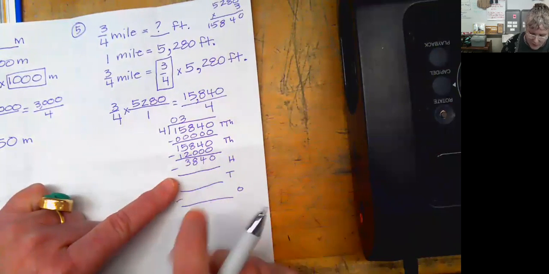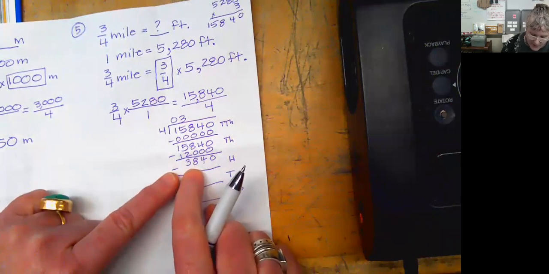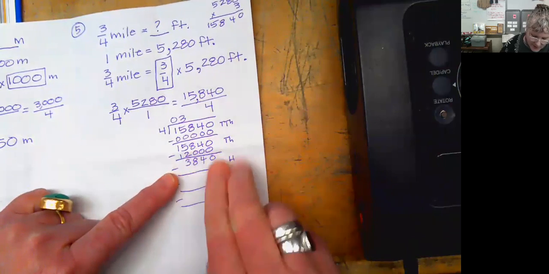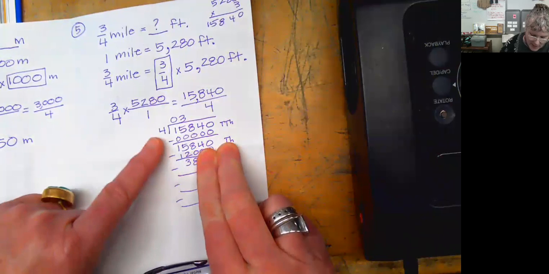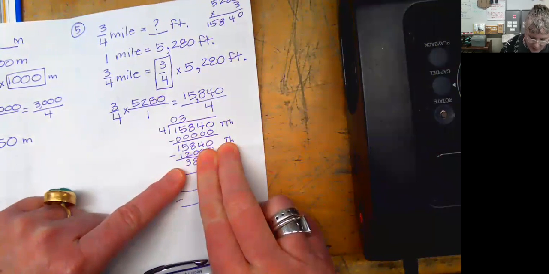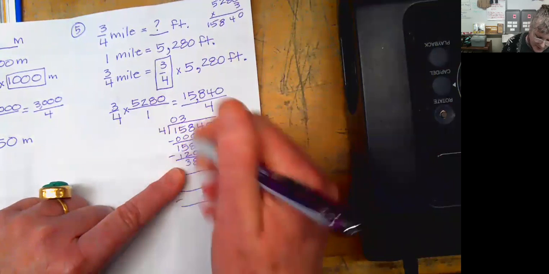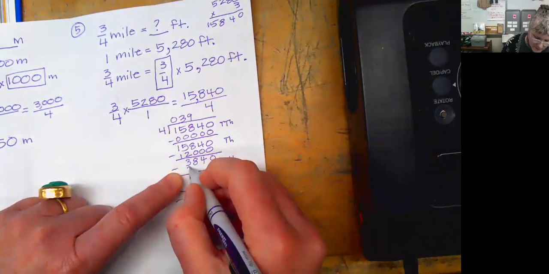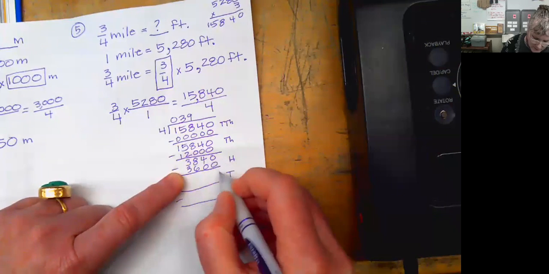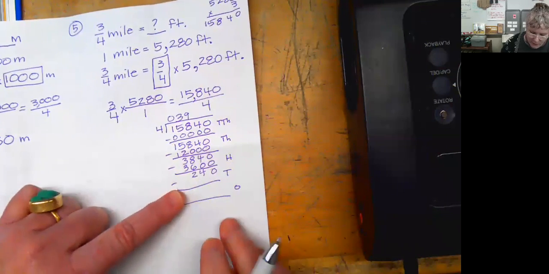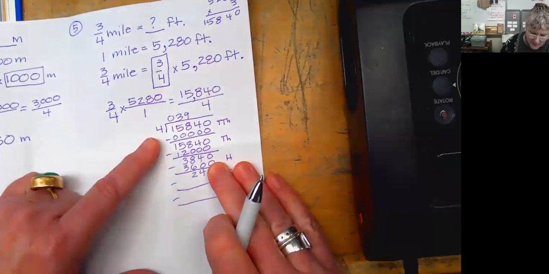So now when I subtract, I have 3,840, but I'm in the hundreds place. So I'm going to look here at my hundreds, which is 38. And 4 will go into 38. Let's see. 4 times 9, right, is 36. And now I have 24, but I'm in the tens place.